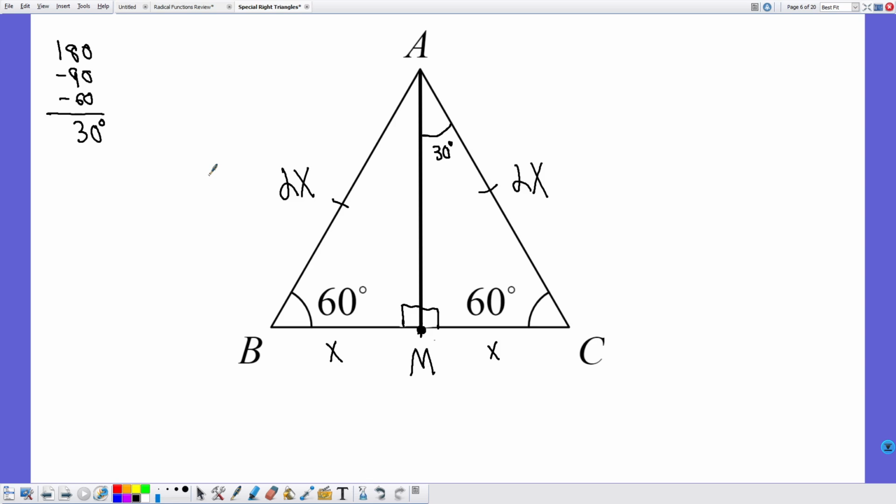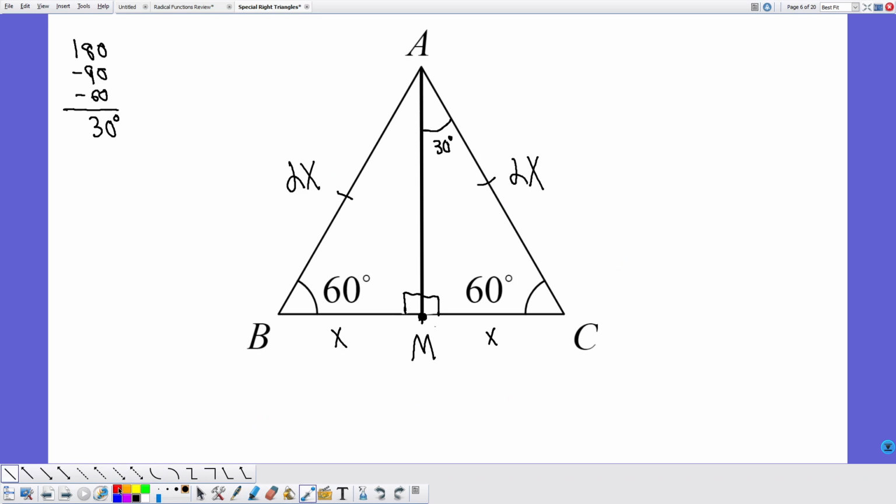So, looking at what we have so far, if we're looking at the right triangle, we have two of them. And I guess I'll highlight the one I'm going to be focusing on in blue.